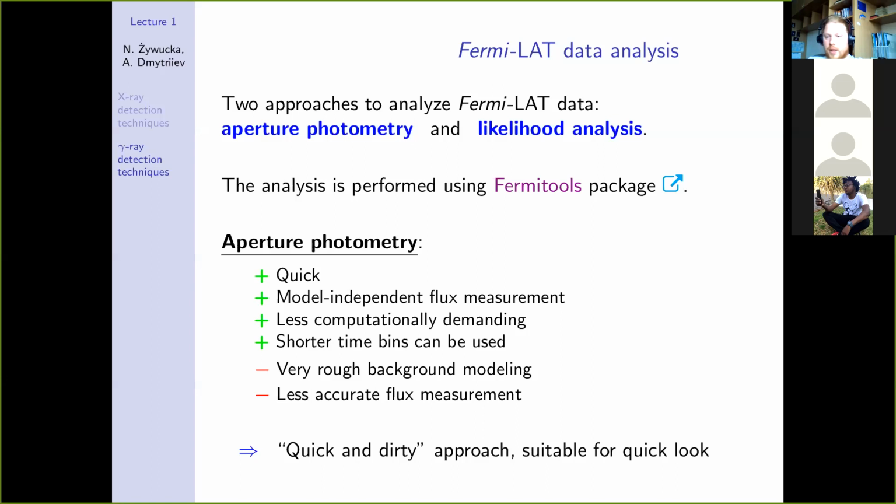So this happens in a variety of sources where there are proper conditions for that. And inverse Compton scattering is happening, for instance, in AGN jets, in blazars, and even in supernova remnants. Inverse Compton scattering is when you have a lot of high energy electrons with energies of GeV or more, TeV. For instance, in jets or in supernova remnants, you can have TeV electrons. These are electrons accelerated via shock acceleration or Fermi 2.